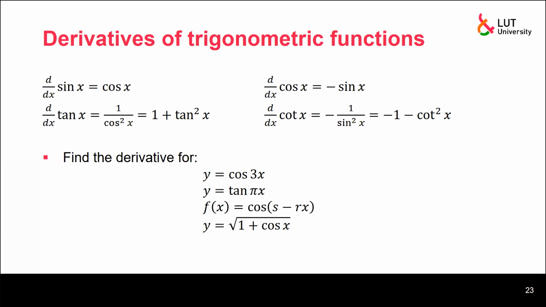So cosine s minus rx. In this third equation, what's s? Is it a variable? Who says it's a variable? Raise your hand. No one? Okay, who says it's a constant? Raise your hand.